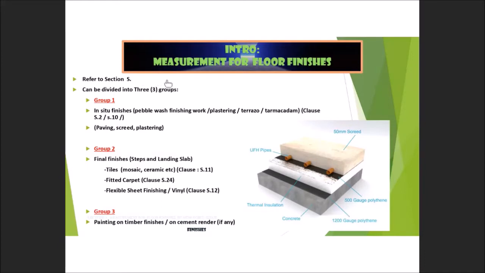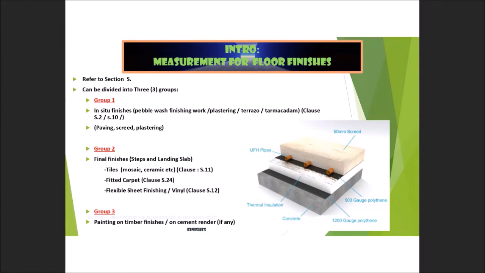Okay, let's move to the category. We have to refer to section S. I divided into the same category, but for this one, we have two additional clauses, two additional items. So group number one, we have in situ finishes. This is the in situ finishes, and I also give you examples of in situ finishes.